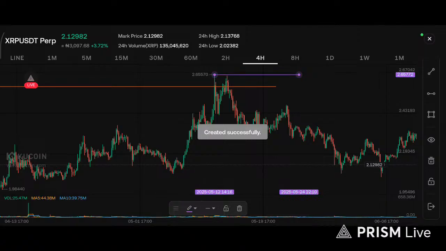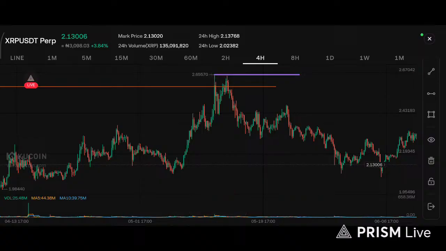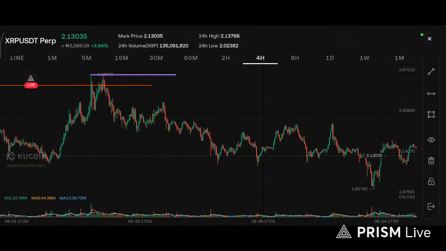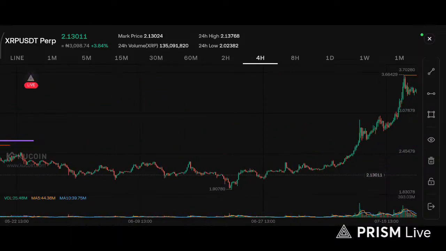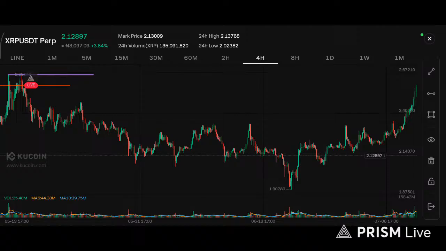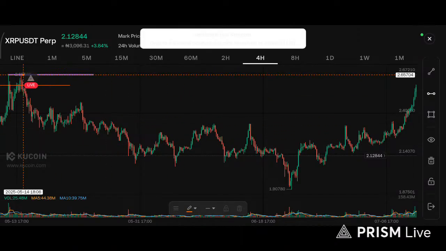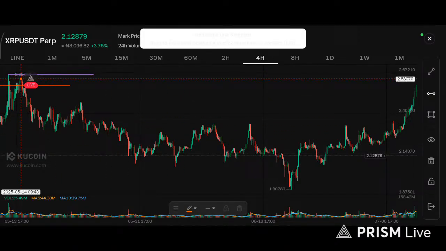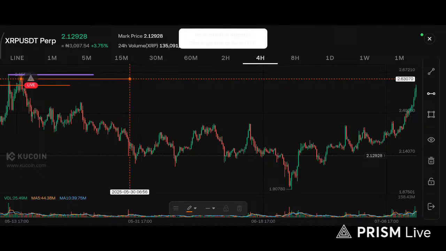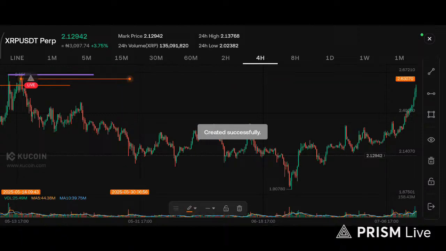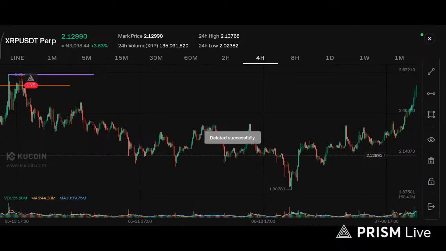You see, there is another liquidity. That is another liquidity. You see what happened in the market? Price went down. Oh God. Let me delete it. That's not what I wanted to draw.